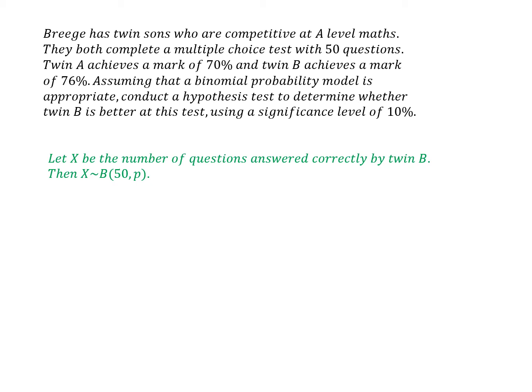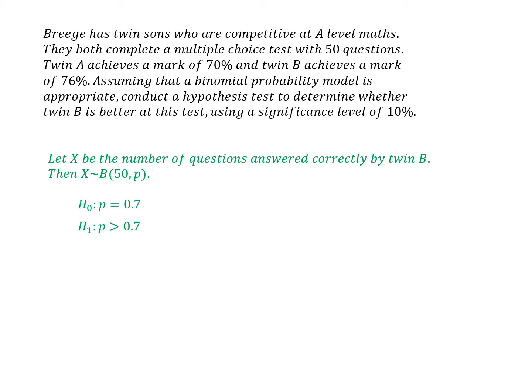So our null hypothesis is that there is no difference between the twins, so that twin B is no better, so achieves the same mark as twin A, and the alternate hypothesis is that he's better.